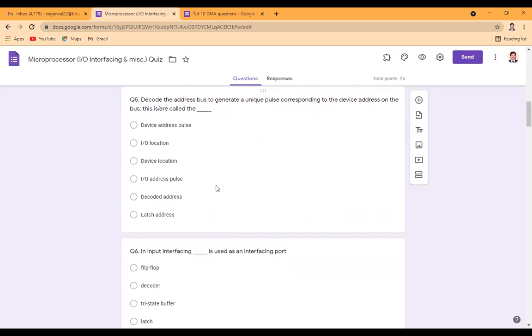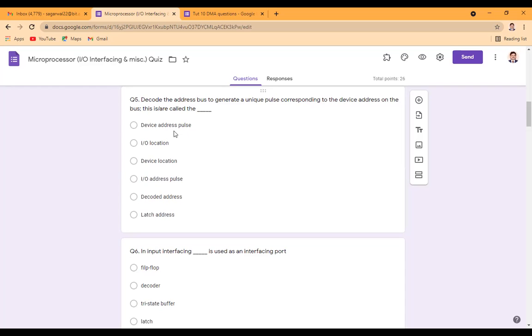Decode the address bus to generate a unique pulse corresponding to the device address on the bus. Which kind of pulse is that called? Whenever we decode the address bus, a unique pulse is generated.